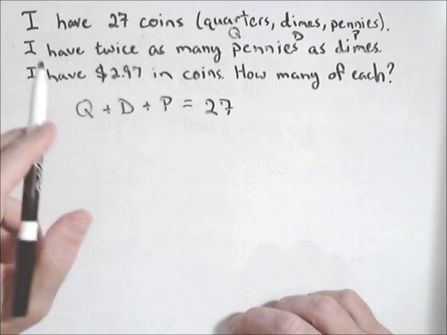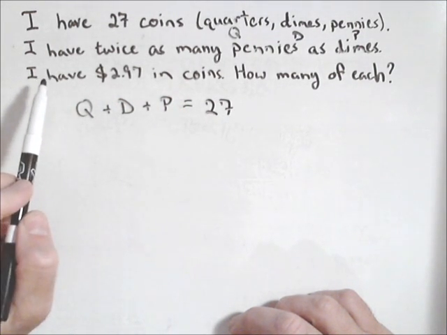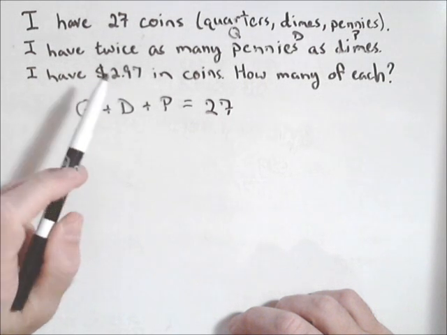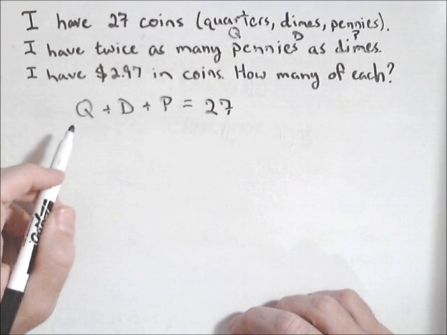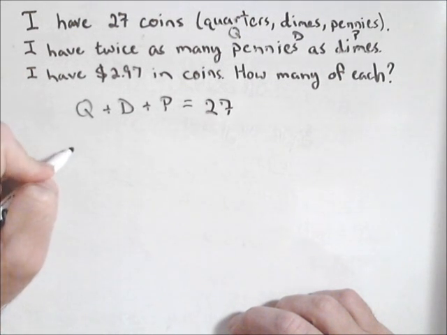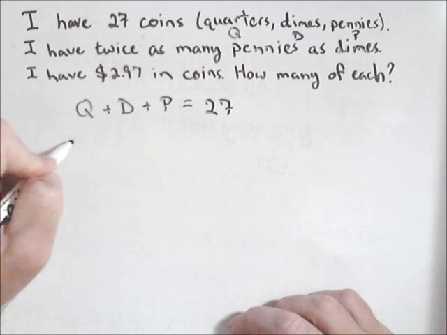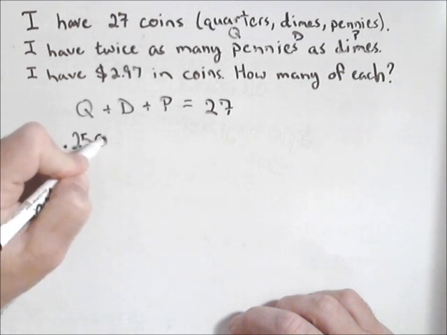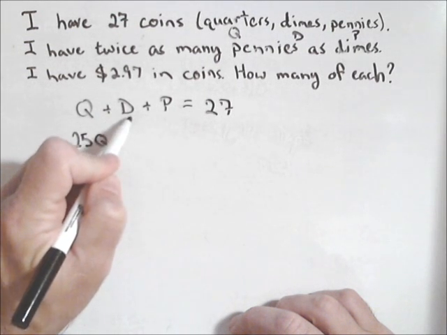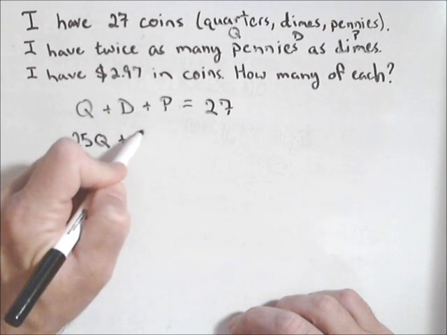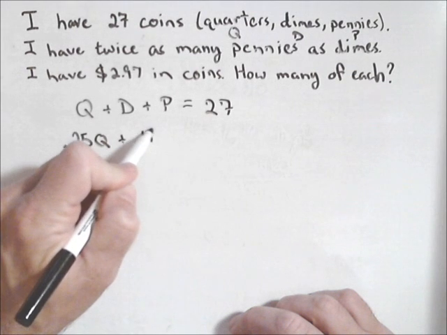Now, I also have what I call a value equation, which is what these things are actually worth. I need to have 297 in coins, so the amount of money I have in quarters is the number of quarters times how much a quarter is worth. So 0.25Q. Same with the dimes. Number of dimes times the amount a dime is worth, so 0.1D.